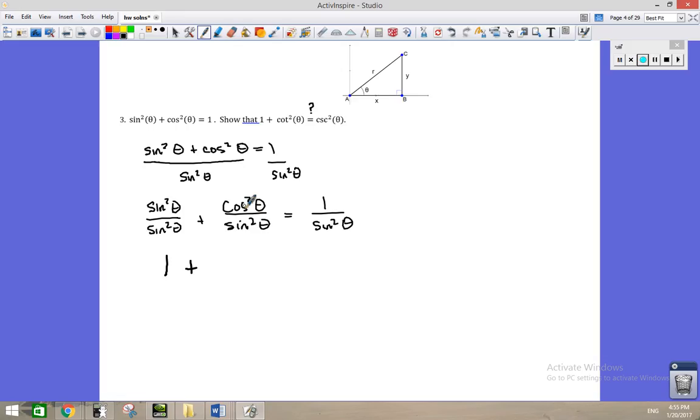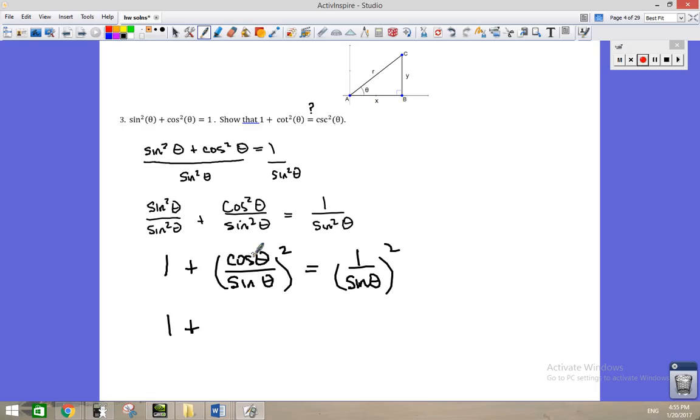And cosine squared theta divided by sine squared of theta, I can write that as cosine over sine of theta, and since the numerator and denominator are being squared, I can write that exponent out there. And I can do the same thing over here with 1 over sine squared of theta, writing it as 1 over sine theta quantity squared.